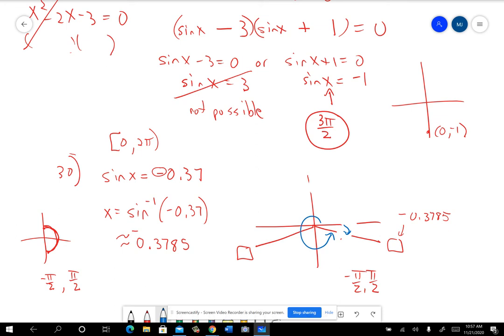What I could do is take, see this amount of rotation right here is the 0.3785. So couldn't I take 2 pi and subtract that 0.3785? So that's what I'm going to do now. I'm going to take that negative 0.3785 and add 2 pi.